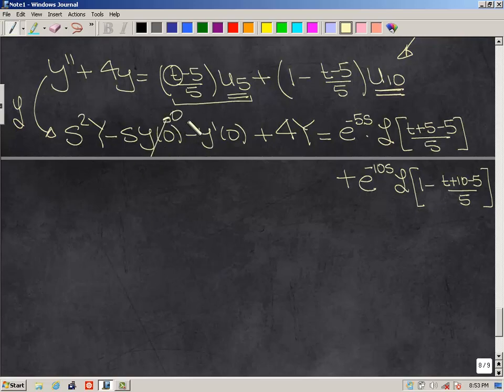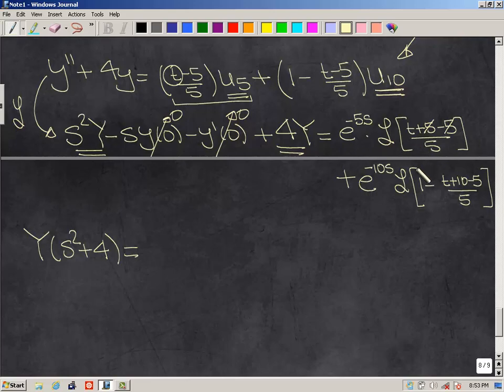So this is 0. This is 0. So we can combine these two and pull out big Y. So we get big Y times s squared plus 4 is equal to, out here the 5's will cancel, so you just get t over 5, which you can pull the 1/5 out, so you get Laplace of t. What is Laplace of t?